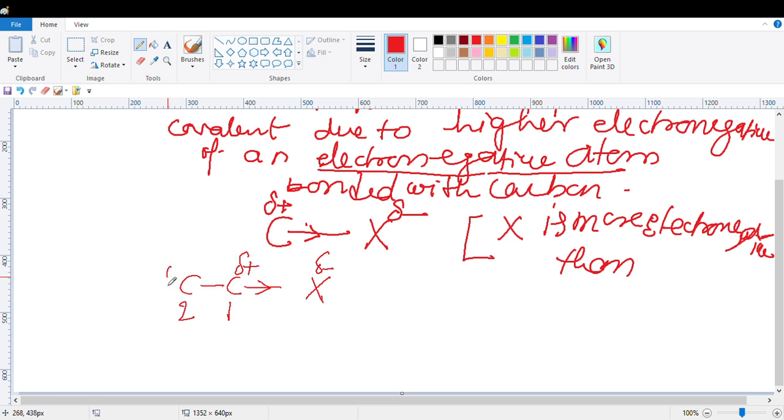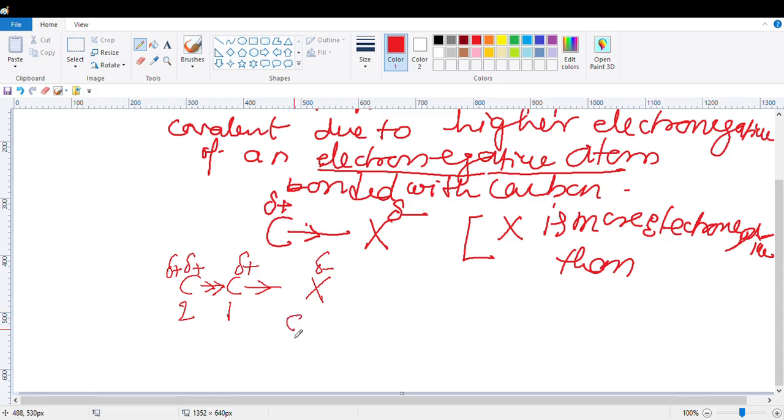So C2 will have two partial positive, one because of X and next because of C1, because the shared pair of electrons of the first carbon has also been shifted towards X. That's why the second positive charge is because of C1.